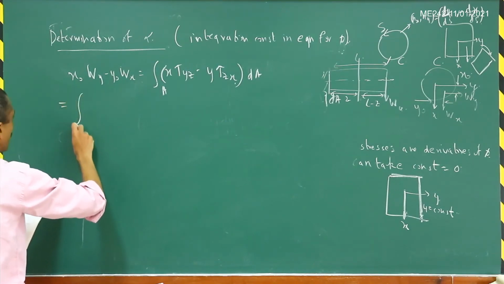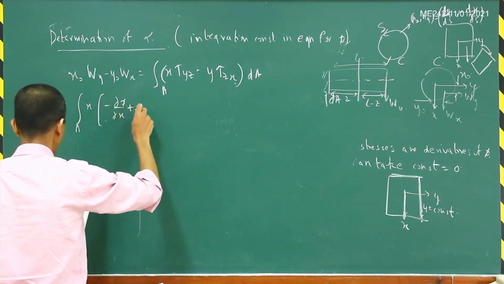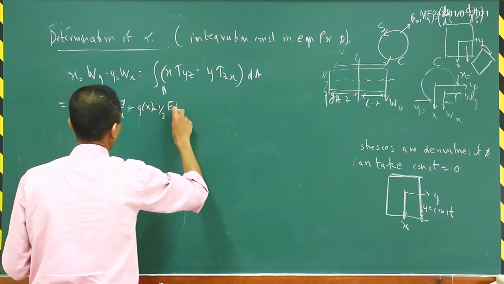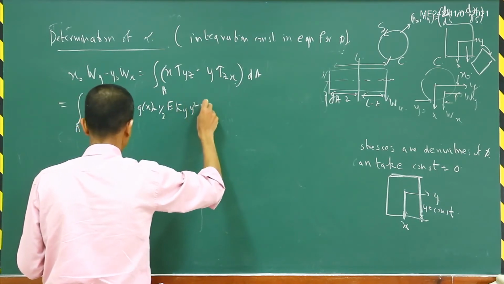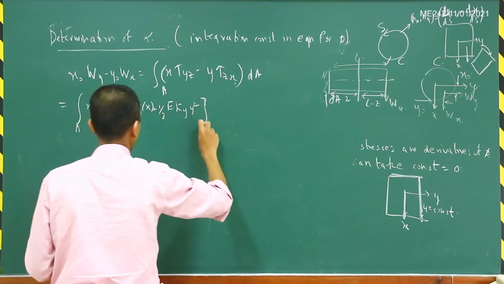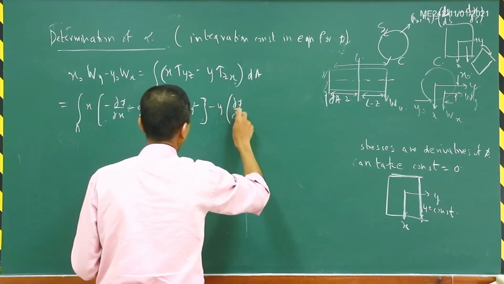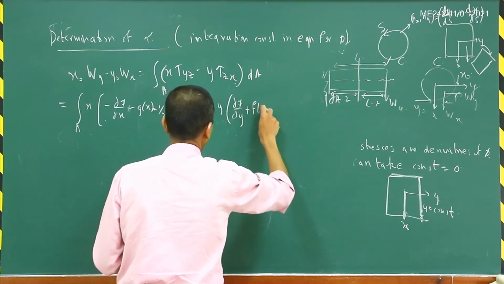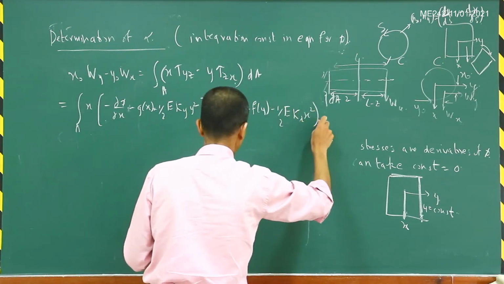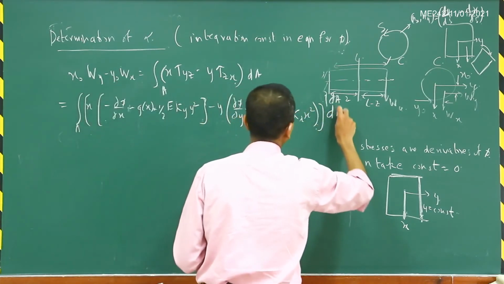This is the integral over A of x times minus del phi by del x plus minus g of x minus half of e kappa y times y squared, and minus y times del phi by del y plus f of y minus half of e kappa x times x squared, the whole thing times dA.